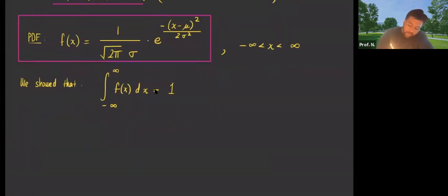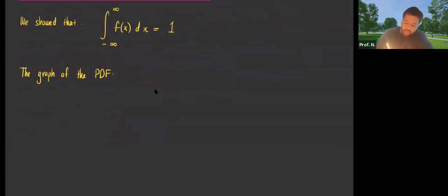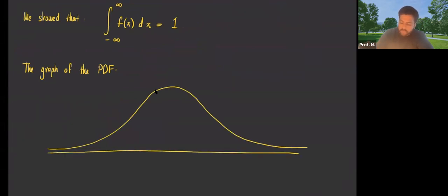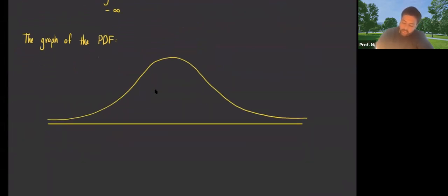The graph of the PDF is a bell-shaped curve. It's a very symmetric curve where the middle is the mean, which is mu: the expected value, the average.